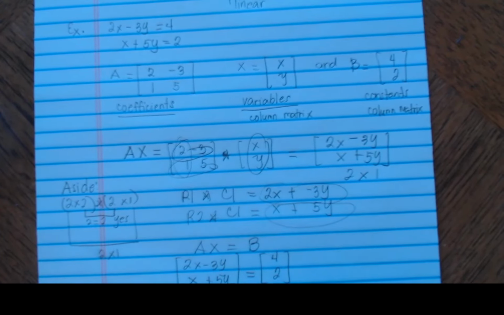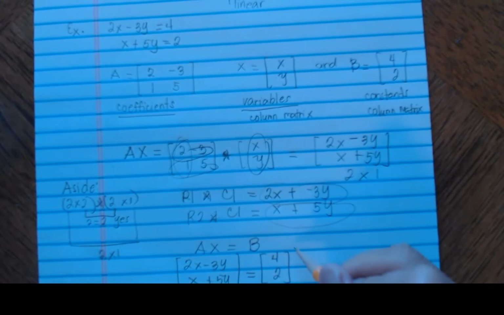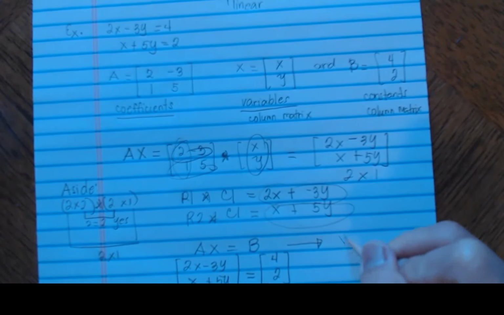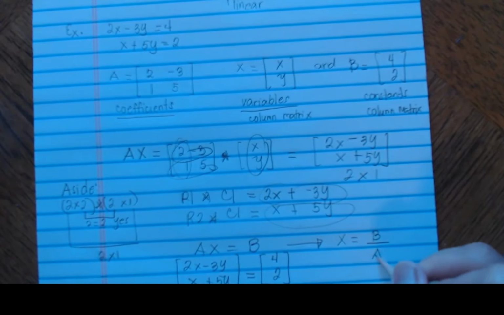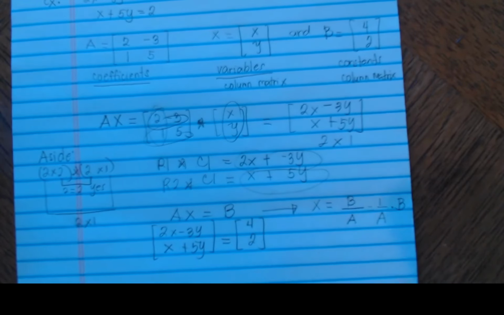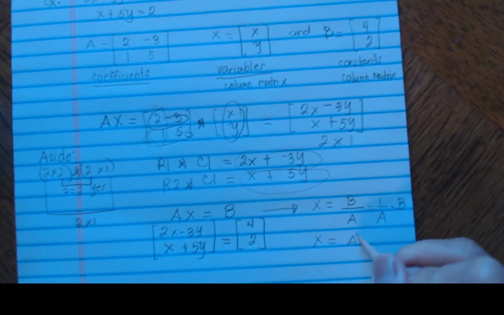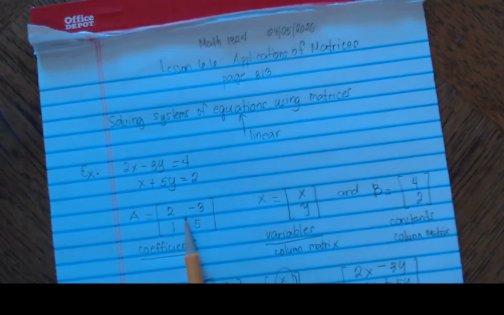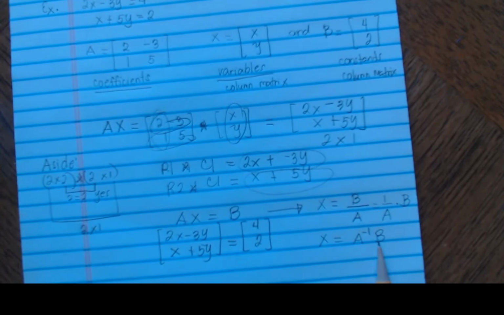If you want to simplify this, you're solving for x, so you divide by A. Meaning X is equal to B divided by A, which means 1 over A times B. Simplifying further, 1 over A is A inverse, or A raised to negative 1, times B. So you're going to get the inverse of A, and then multiply by B.